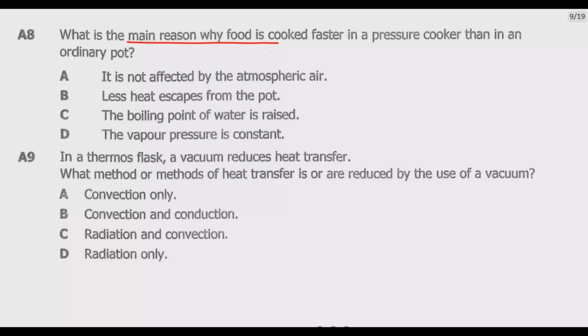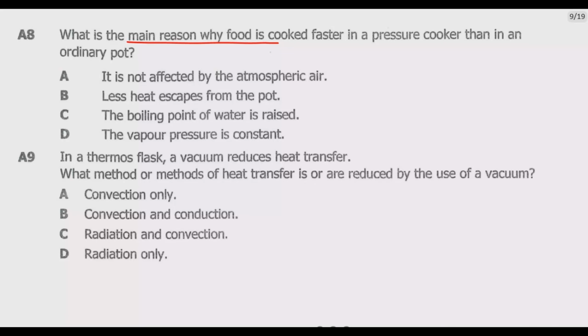If you look at A and B, you will notice that these indirectly contribute to the efficiency of the pressure cooker. One, because the sealed environment of the pressure cooker means it is not affected by the external atmospheric condition. Hence, this is still correct, and less heat escapes from the pot compared to the ordinary one.